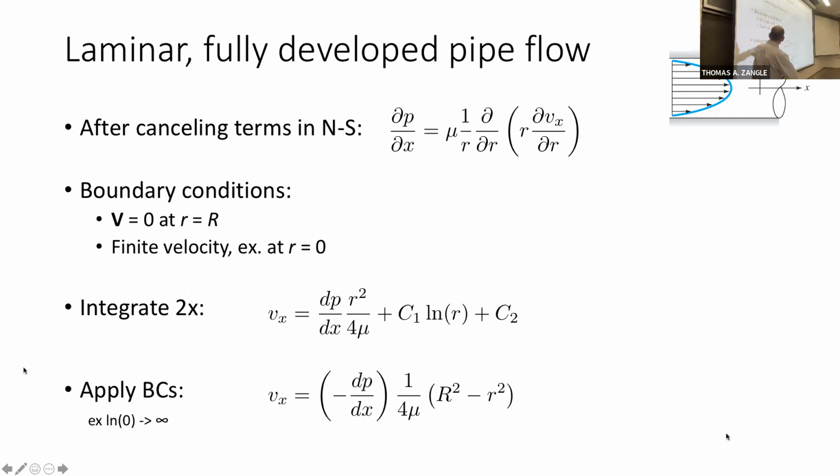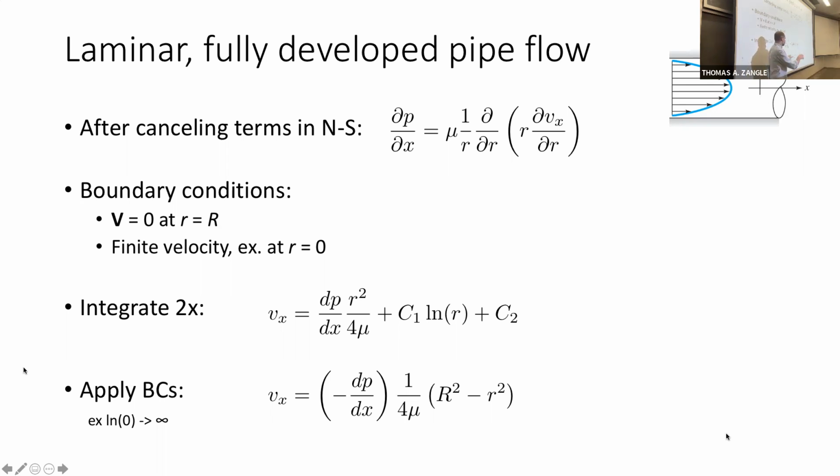So we apply those boundary conditions, and we end up with this expression for Vx. Typically written this way: minus dp dx, 1 over 4 mu, big R squared, that's the radius at the outer edge of the pipe, minus little r squared, that's the radius at which we're evaluating the velocity. So our velocity profile is parabolic.